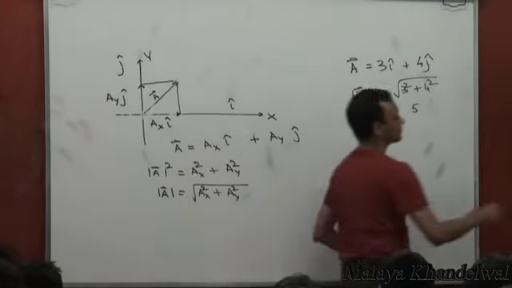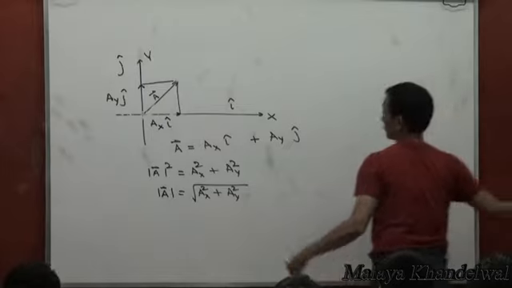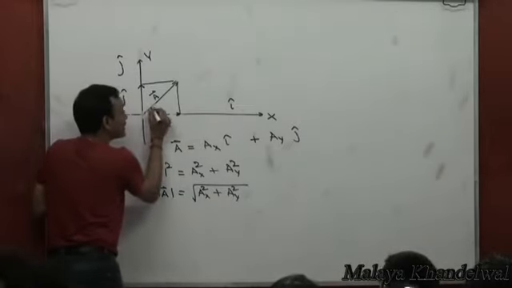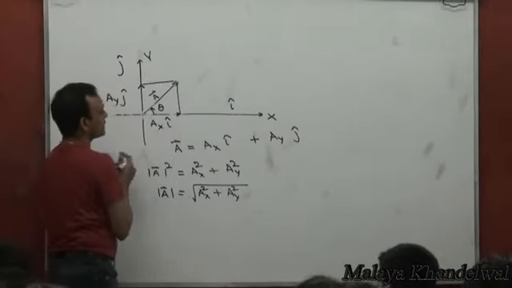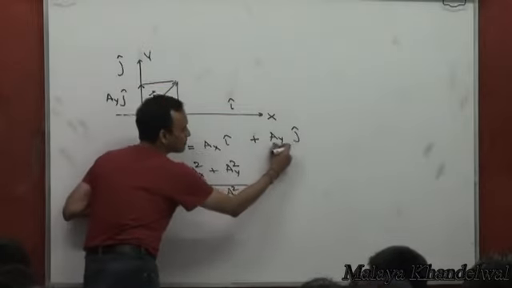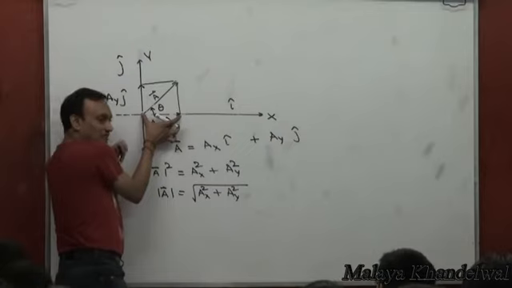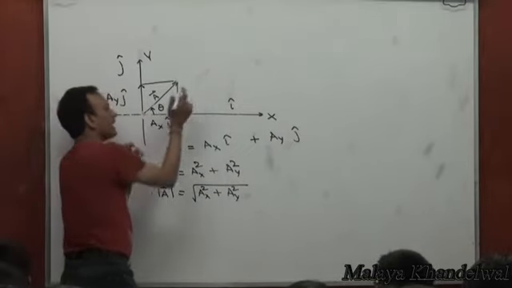Now, this will give you the direction of the vector A. Evidently then, if A is AX I cap plus AY j cap, then tan theta would be this length by this length. But this length is AY, this length is AX.